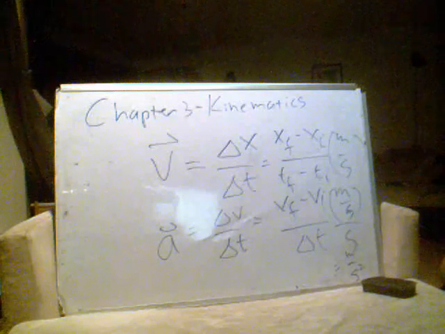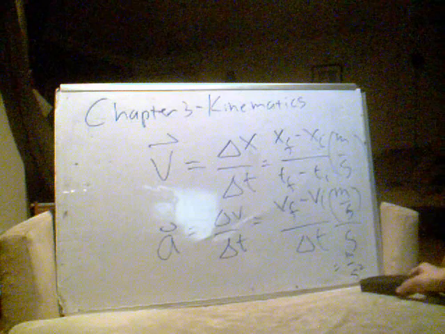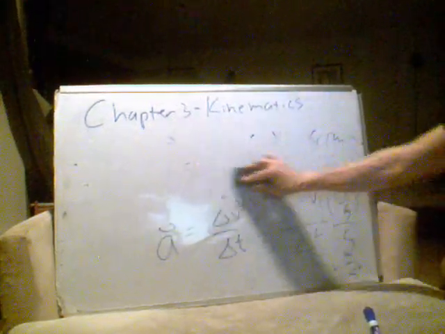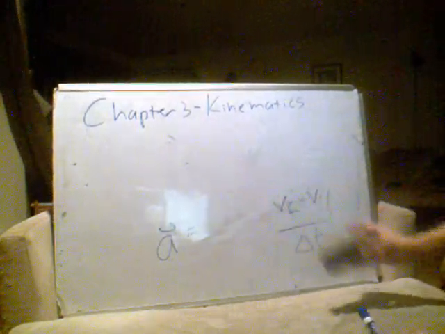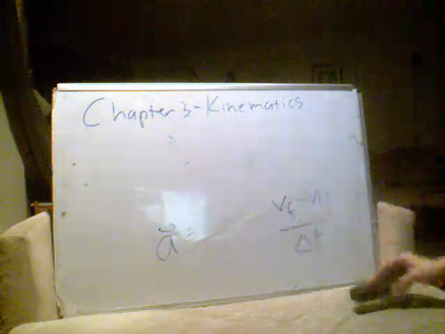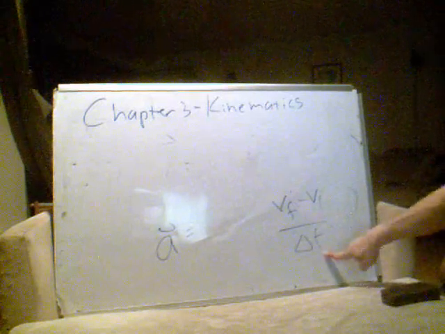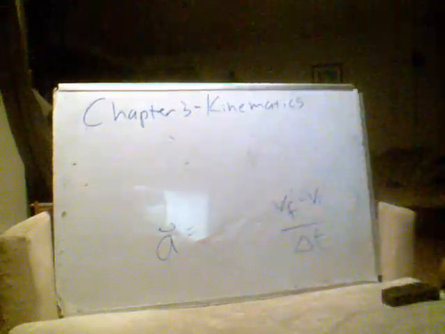Now, I'm going to take this equation here, and I just want to show you which one in particular I'm talking about. Acceleration is final velocity minus initial velocity divided by time. I'm going to rearrange by multiplying time to this side.